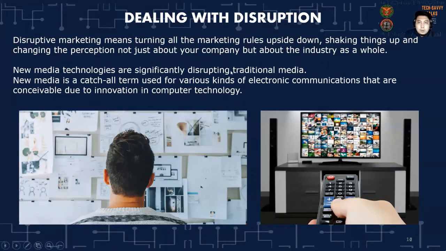So, ang naging solution nila and parang counter nila dun sa technology na yun is collaborate sila dun sa mga manufacturer ng TV kung paano may embed yung kanilang mga ads or yung mga script.